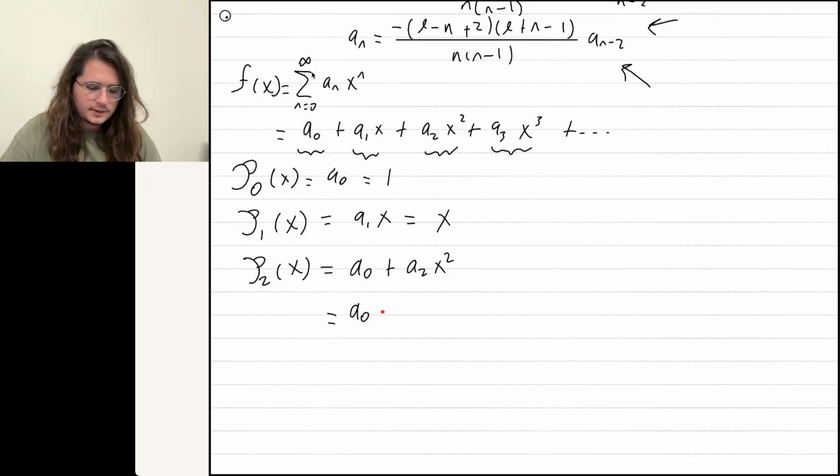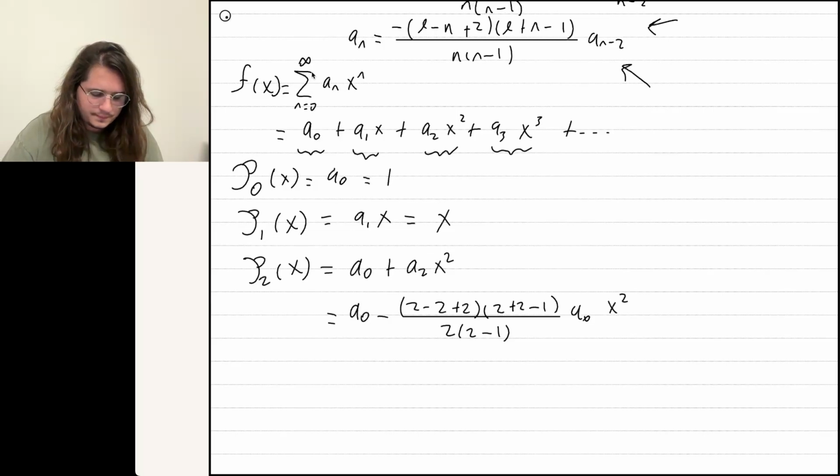So this is a0 times, L is 2, so it's 2 minus n, and n happens to be 2, so it's 2 minus 2 plus 2 times 2 plus 2 minus 1, all over 2 times 2 minus 1, all times a0 x squared.